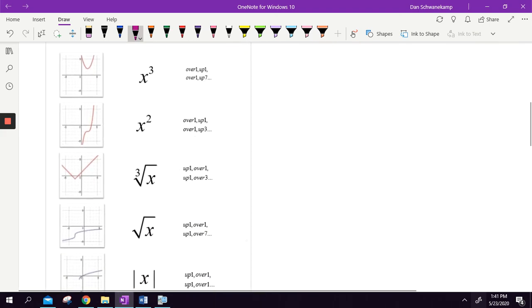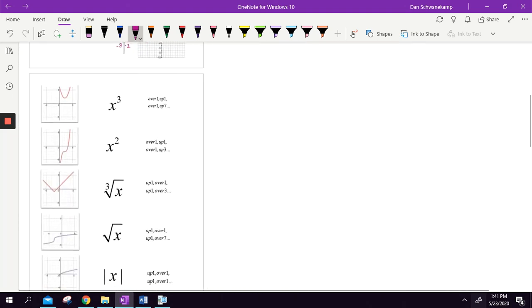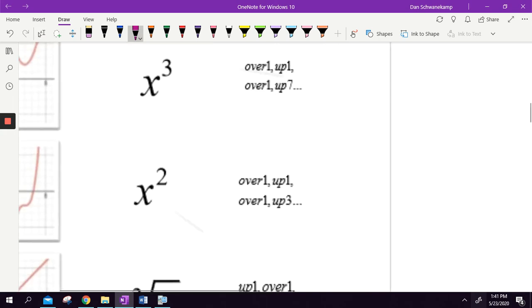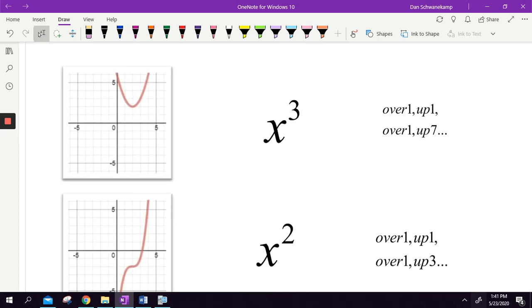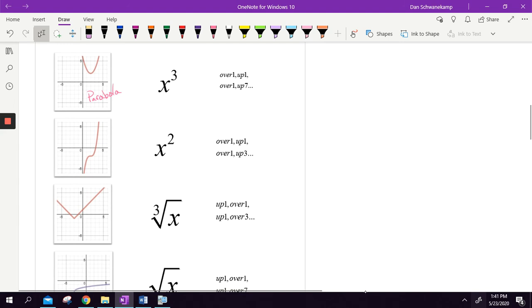So on the back side here, we are just matching these things. And so we're just looking at what's the shape, what's it going to match with. My first one here, if I were to give that one a nickname, that is the parabola looking shape. So which one of these functions gives you a parabola? That would be x squared.